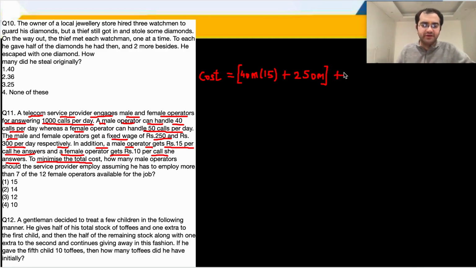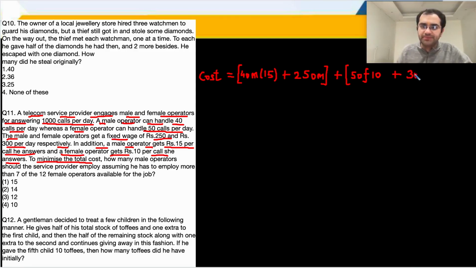Plus, now you have the female operators. Female operators can handle 50 calls per day. Number of females F. Cost per call is 10 rupees. Plus, each female gets a fixed wage of 300 rupees per day.